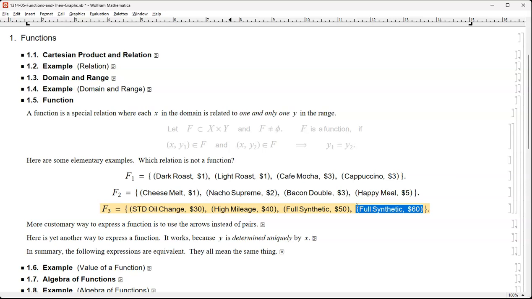So if you remove this, then it's okay. It's a function now. But previously it was there, so this is not a function. Same x-coordinate, full synthetic, is assigned to more than one y-coordinate, $50, $60. So that's not a function.